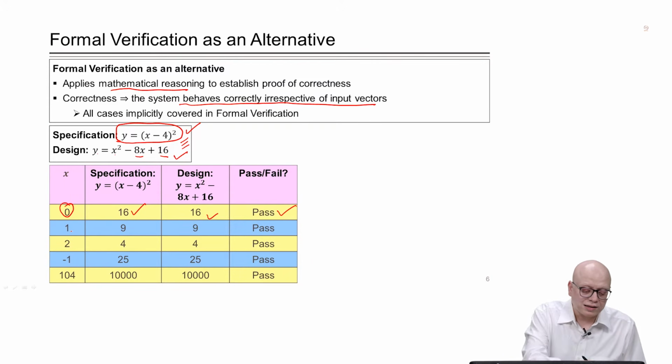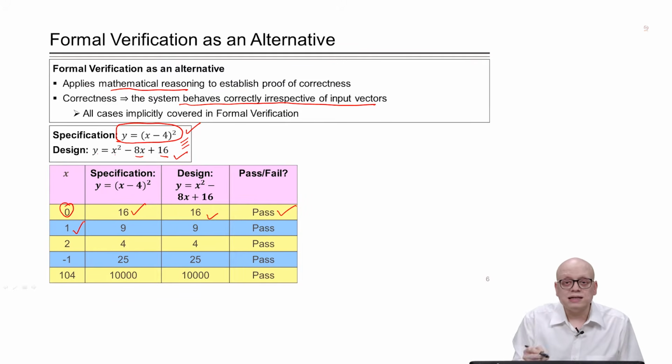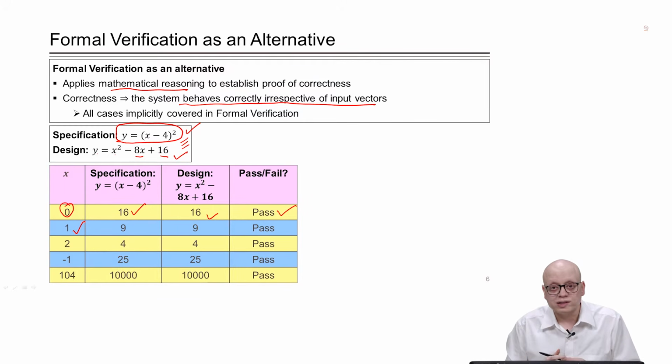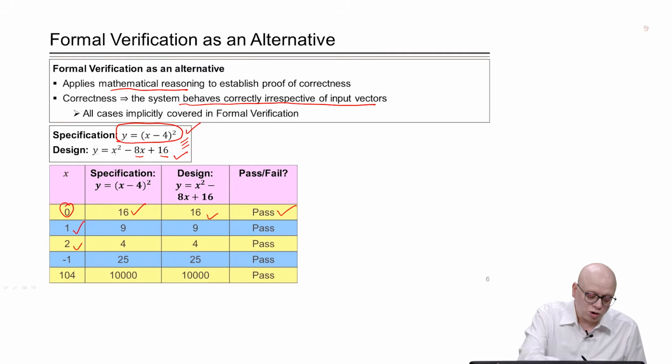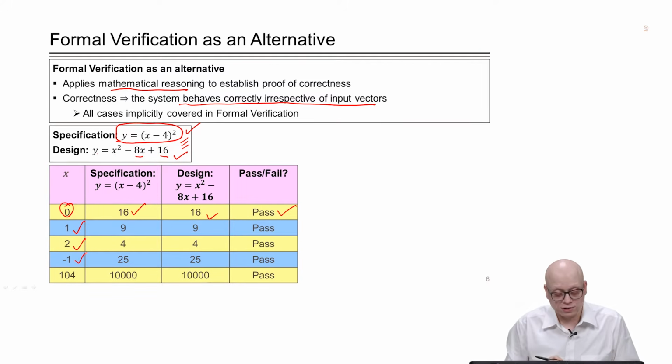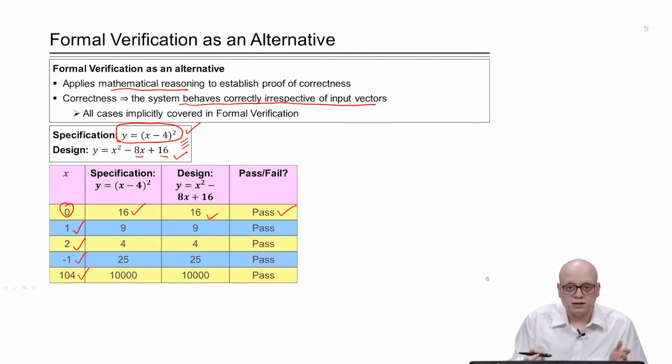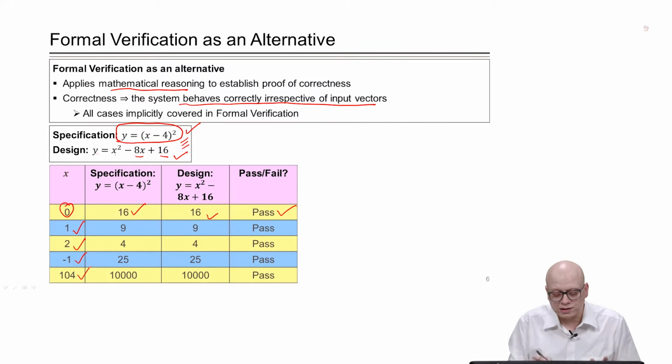Similarly, it will apply another test vector, say 1, and see that both models produce the same answer. For 2 also it produces the same, and minus 1 also, and for say 104 or any other number it produces the same answer. Therefore, by testing a few test vectors, it is trying to establish the correctness of the model.